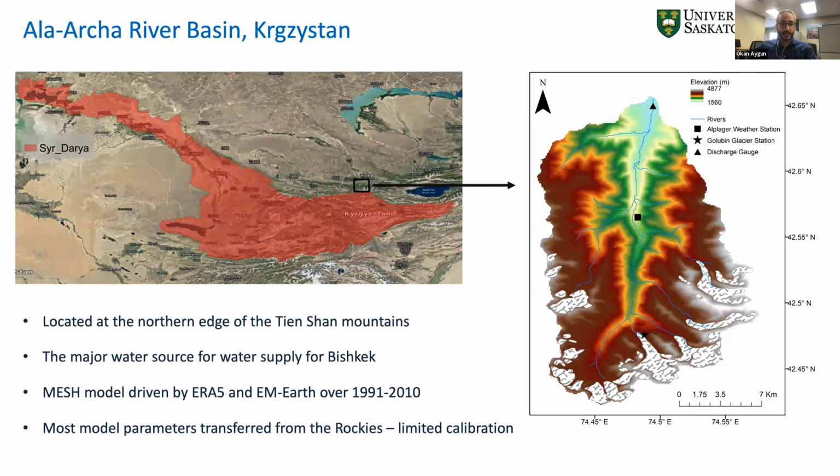And the basin is the major water source for the capital city of Kyrgyzstan, Bishkek. For the model setup, the MESH model was driven by ERA5 and EM-Earth forcings over the 1991 to 2010 period. And we transferred most of the model parameters from previous MESH model applications in Western Canada.